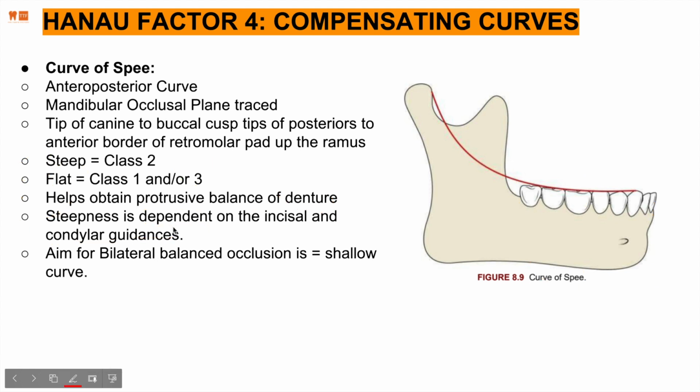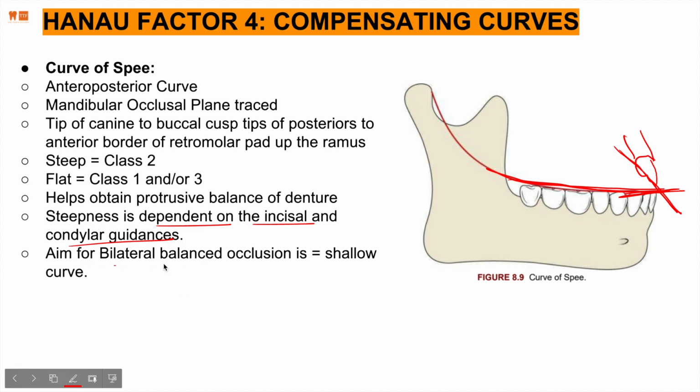So, if, for example, the incisal guidance right here, where the maxillary tooth would be, is very steep, then we need to compensate it by making the curve of Spee a little bit more shallow. We need to create a little shallower curve of Spee, right? So steepness is dependent on incisal and condylar guidances.